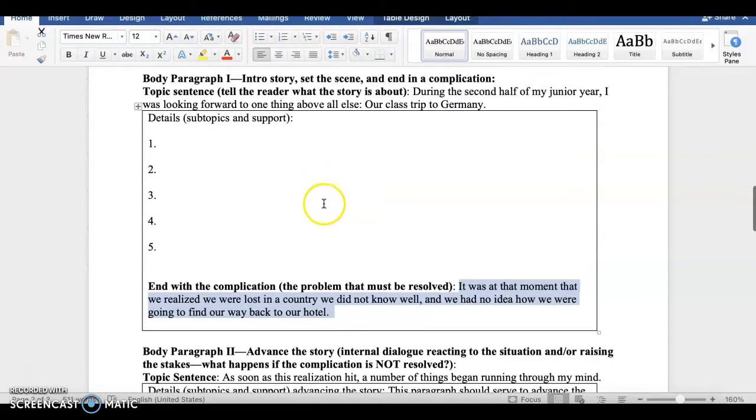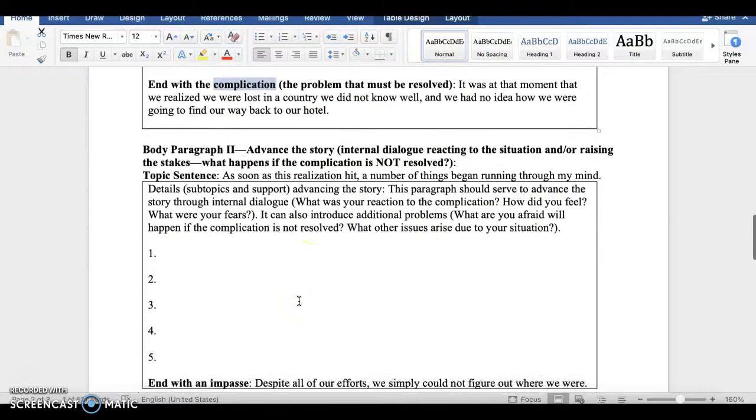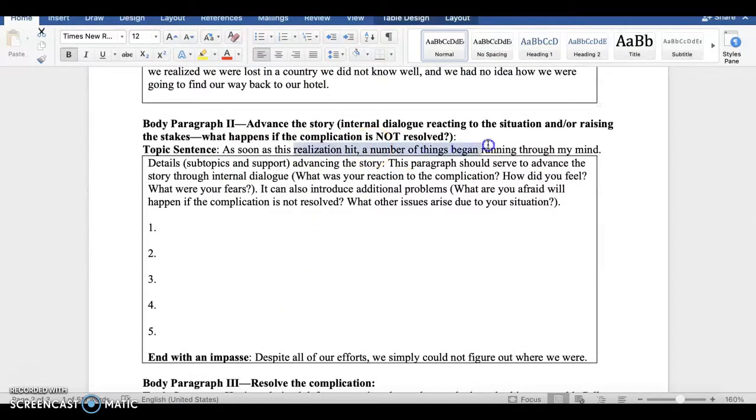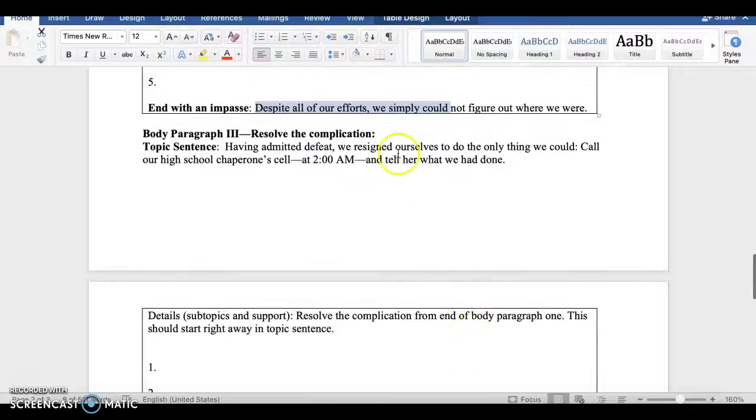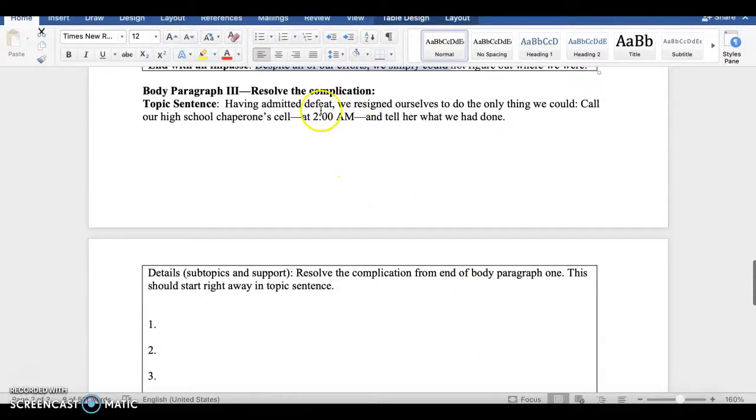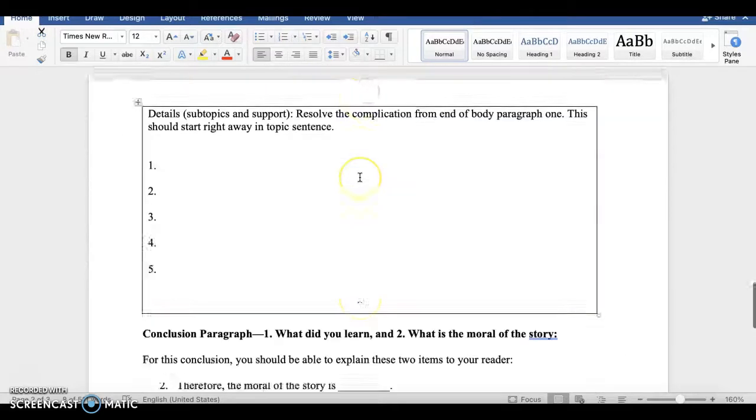So for instance, in this opening piece, you would have the topic sentence, 5 details, and the conclusion statement, which would be the complication. Same will go for the rest of the bodies. A topic, remove the sample topic that I have from the prior student, put your details in here, remove the impasse, put yours in. Same with the conclusion or resolution paragraph, resolving the complication for 3.